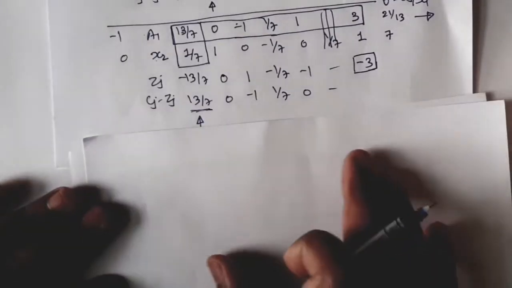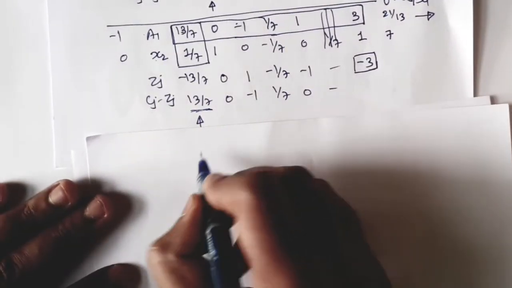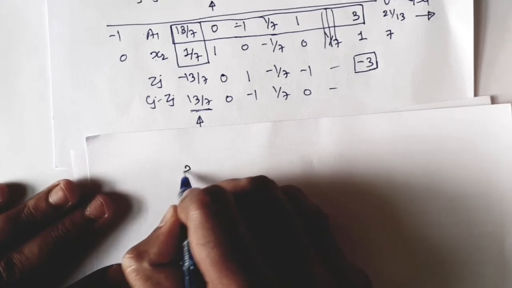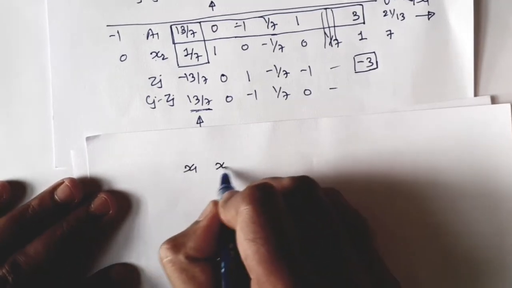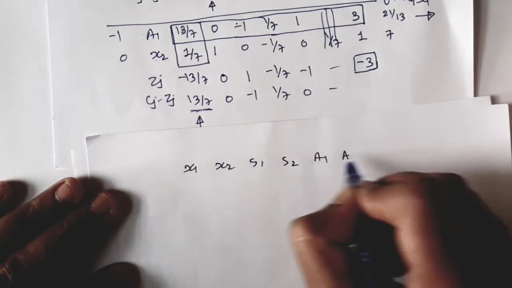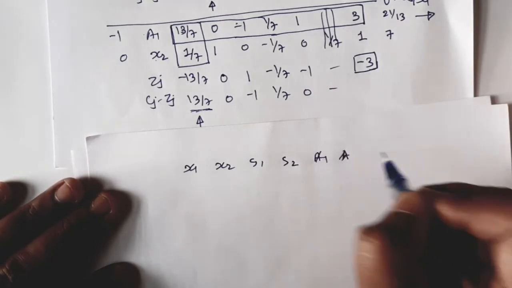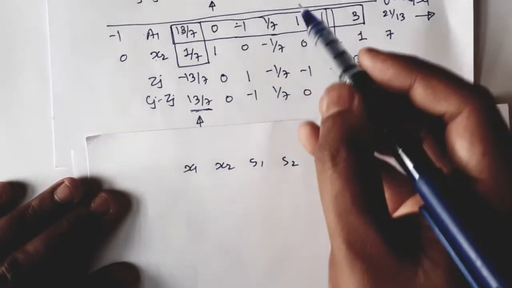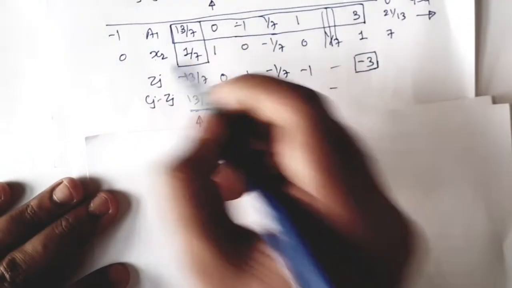So let's move on to the next table, which is here like this. We have to note down everything here. So first x1, x2, s1, s2, a1. No need to write a1 or a2 here, because they have already gone out of the basis.